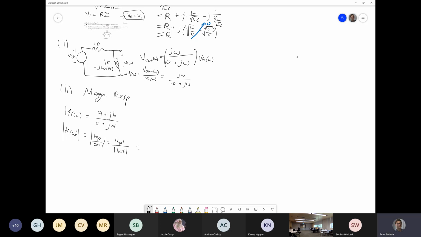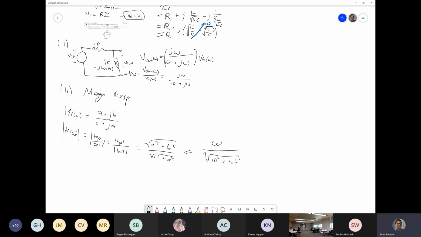So this is just the square root of a squared plus b squared over the square root of c squared plus d squared. So magnitude of the top: we don't even have an a. It's pretty easy, right? It's j omega, squared, omega squared, and then take the square root. It's just omega. And then on the bottom we get our nice square root of 10 squared plus omega squared.